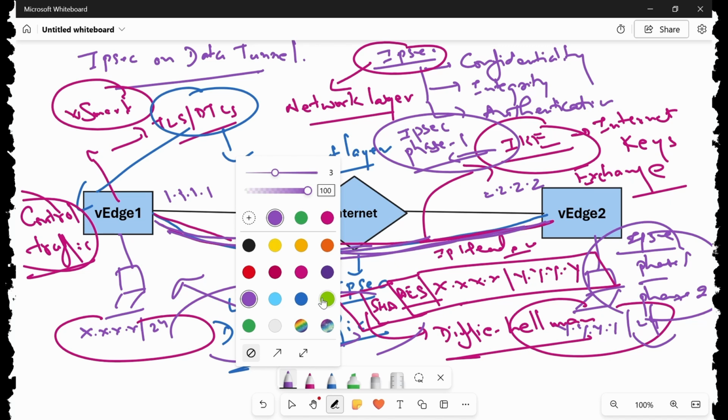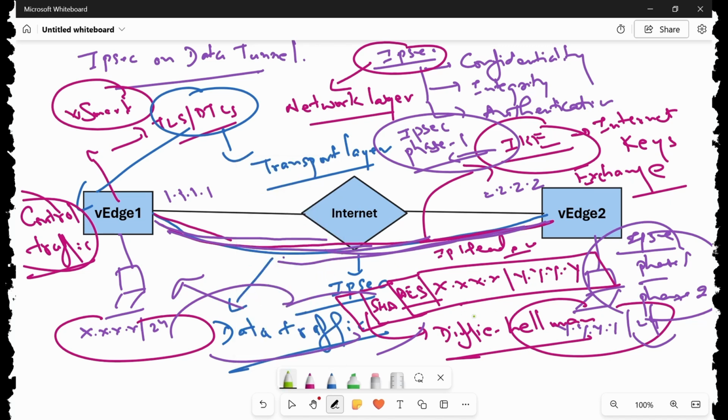For the keys exchange, we are using this Diffie-Hellman algorithm, and this is basically for IPsec. But for TLS and DTLS, we use RSA for key exchange.